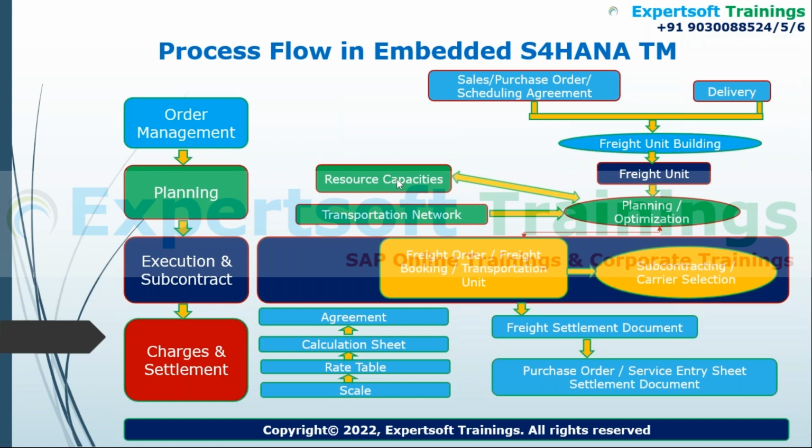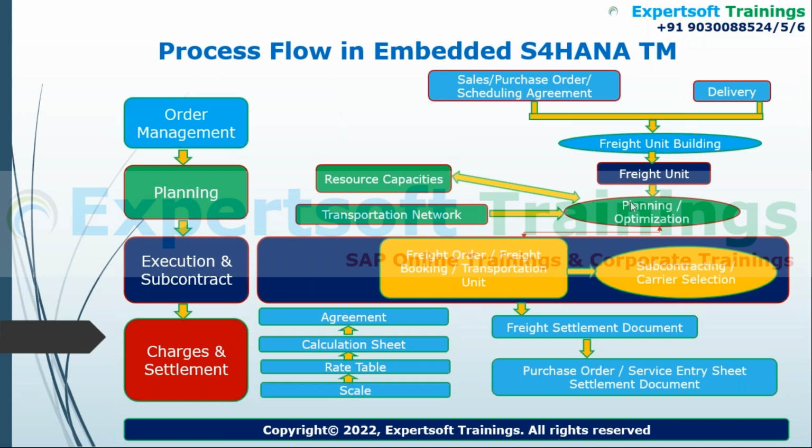It's important to know the capacity. Based on this, the planning will select the best optimal capacity of the resource and create a freight order or freight booking. Because suppose my freight unit weight is 1000 tons. You cannot have a resource of 500 tons, right? You need to select a proper resource which is equivalent to 1000 tons or greater than that.